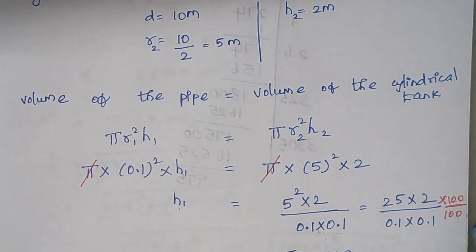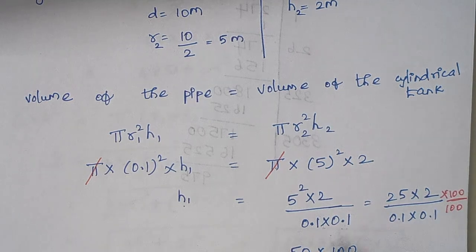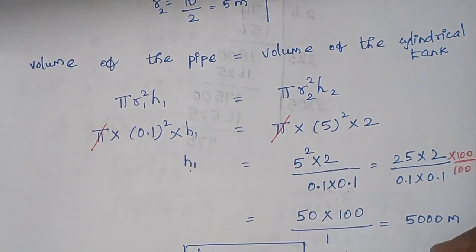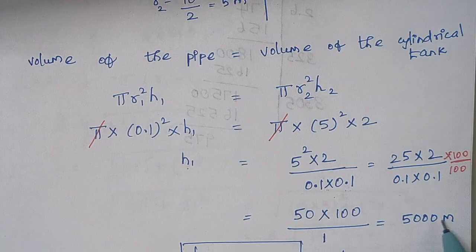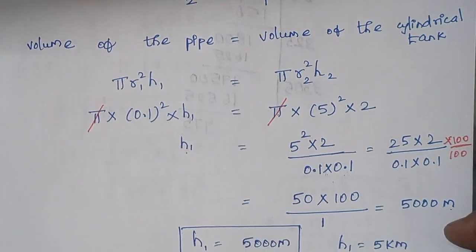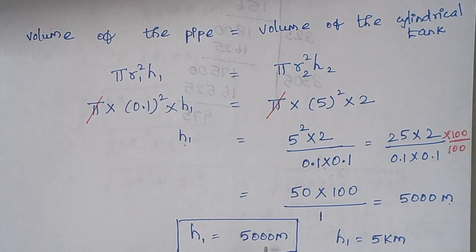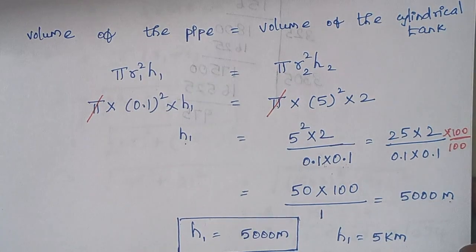Therefore I am multiplying and dividing by 100. So 25 into 2 is 50 and 50 into 100 becomes 5000 meter. So here the length of the pipe is 5000 meter. When I convert this to kilometer, it becomes 5 kilometer.